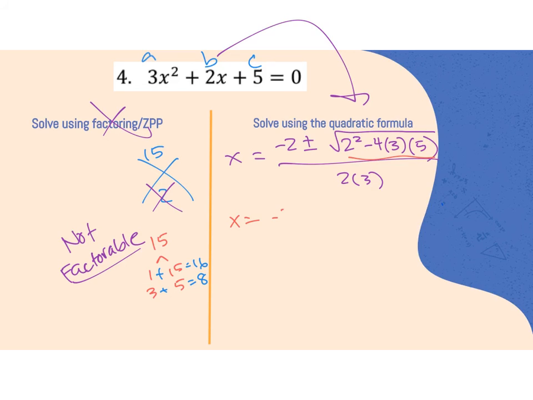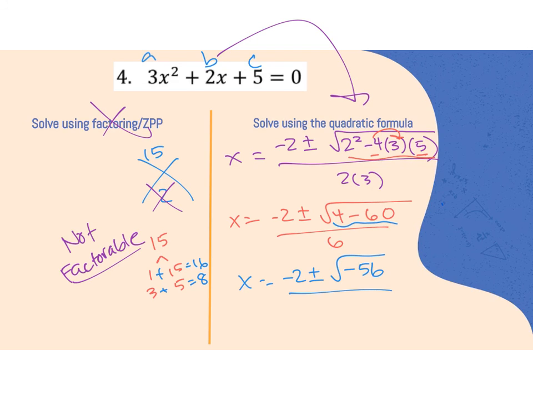X equals -2 plus or minus, that's 4, minus 20 times 3 is going to be 60. I said that fast. I did 4 times 5 in my head, which is 20, and then 20 times 3 is 60. That's what I did there. Divided by 6. Now, take this, 4 minus 60, and I get a -56.